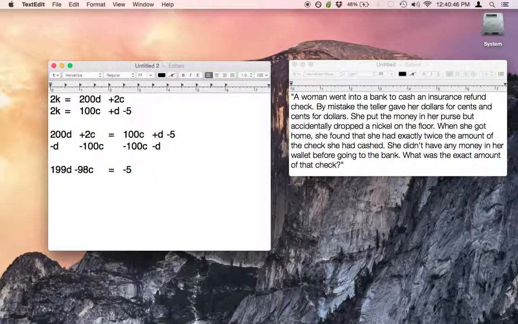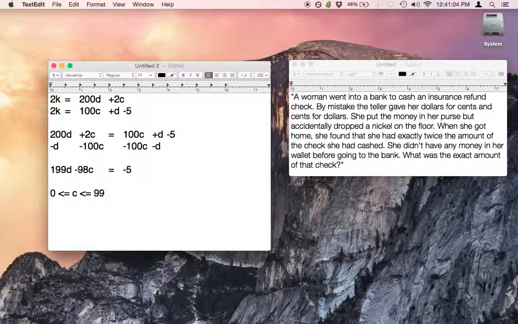So C has some constraints, and maybe we can make a note of that. C has to be between 0 and 99. C is greater than or equal to 0 and less than or equal to 99.